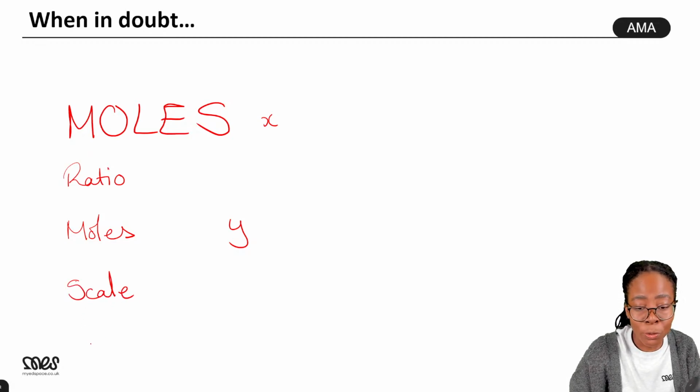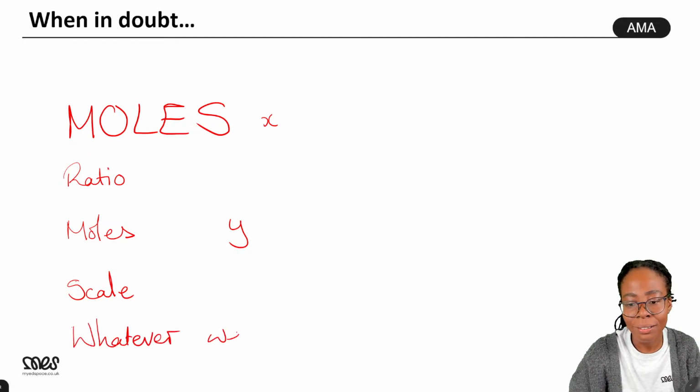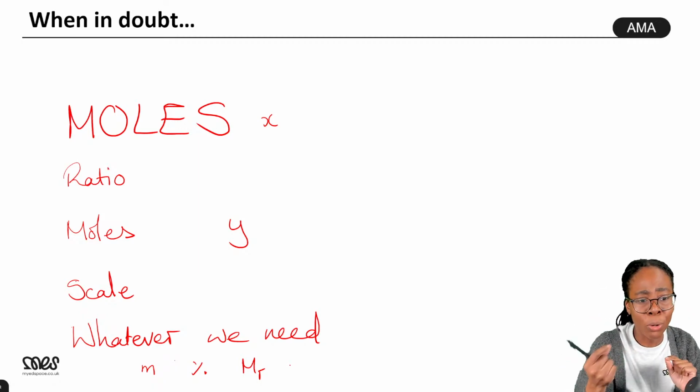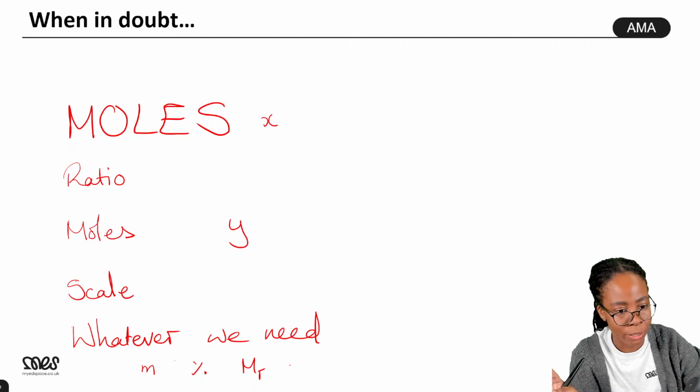And then we will find whatever we need to find at the end. That might be mass, percentage by mass, Mr, or a number of different things. But if we find the moles first and follow these general steps, that will get us through a big chunk of our questions, no matter how difficult they look.